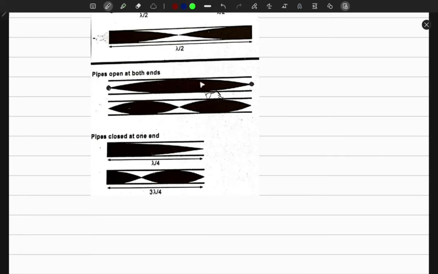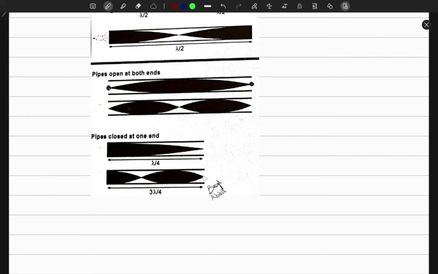This is how flutes or organ pipes, which you might have heard of, work. They work on this principle. And then we also have pipes which are closed at one end only, and you can see that these are shorter.